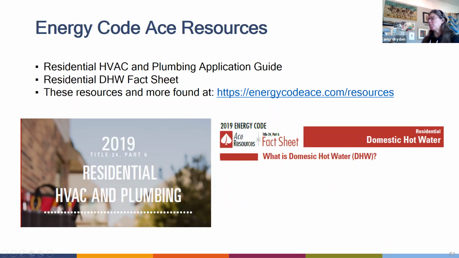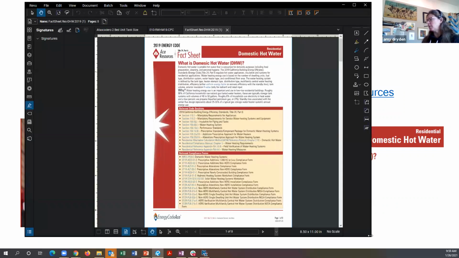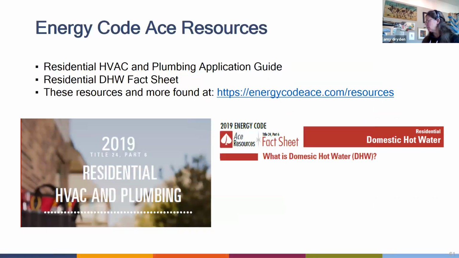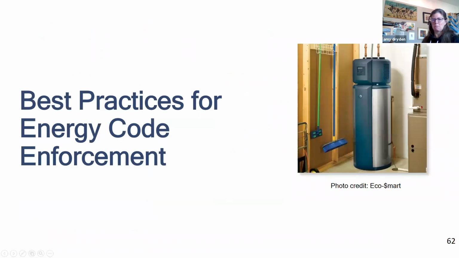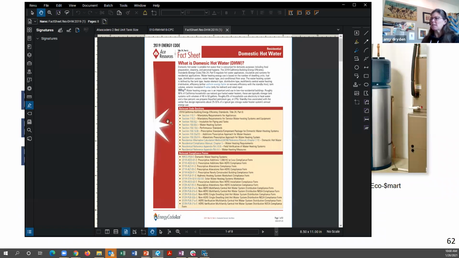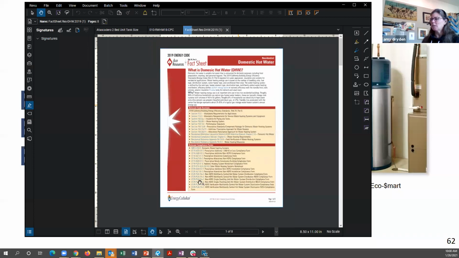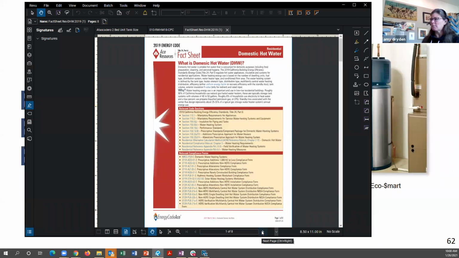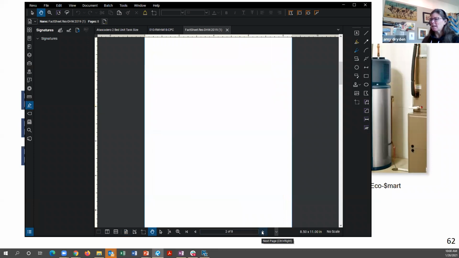So I put this up here, you can see it. I'm just going to pull it over quickly. For those of you who have not used, whoops, where'd it go? Oh, I just closed it. Here we go. Energy Code ACE, they have a great wealth of resources. And so this is just the domestic hot water fact sheet.